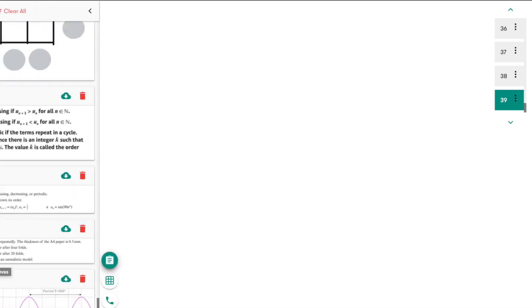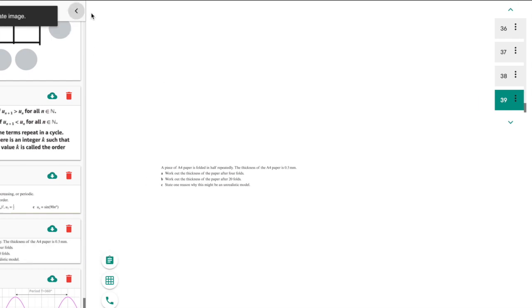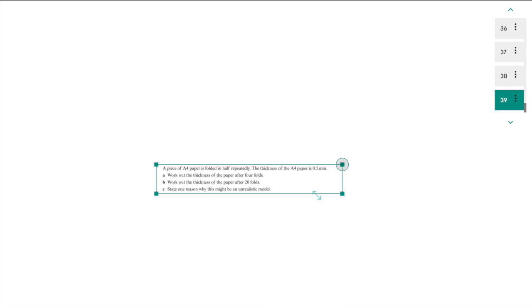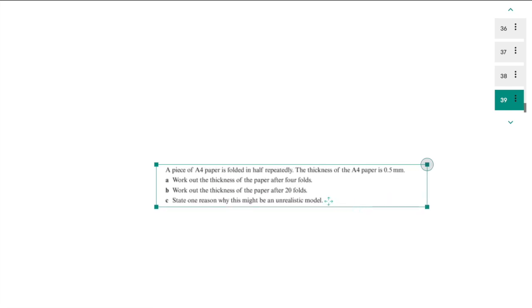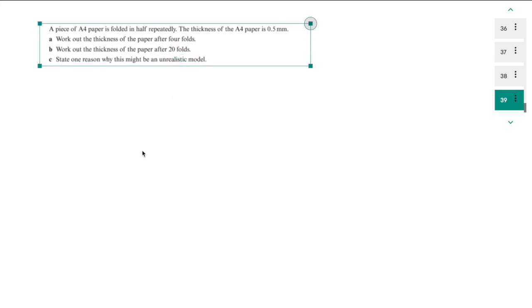But there's one other thing you need to be able to do with them, and we'll just have a very quick look. And that is to be able to apply them to model real-world situations. So really all we're saying is we're taking a wordy question and we're converting that into what we know about sequences and series.